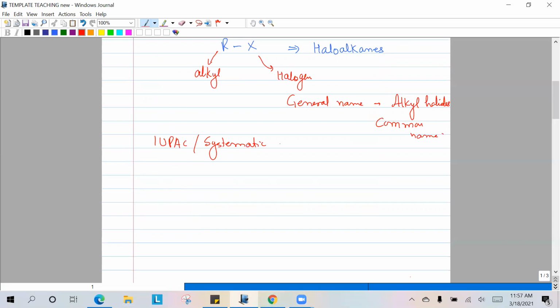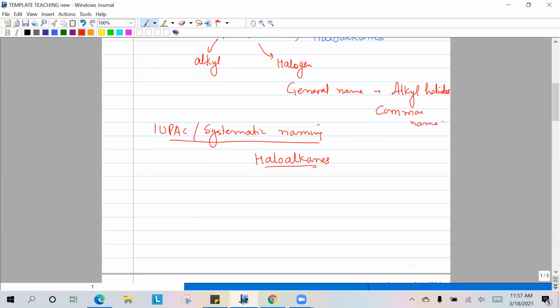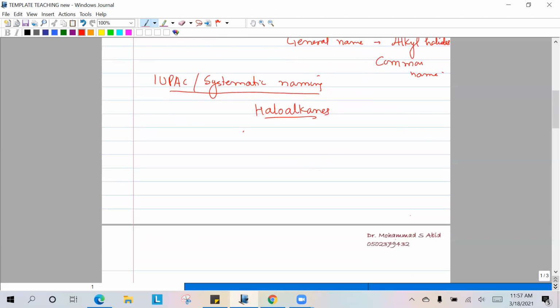In systematic naming, you call them haloalkanes, where for Cl you write chloro, for Br you write bromo, for I you write iodo. And for fluorine, even though we usually don't use it, we call it fluoro.